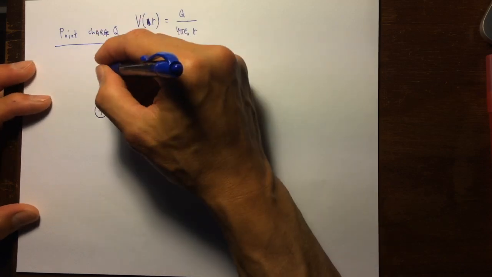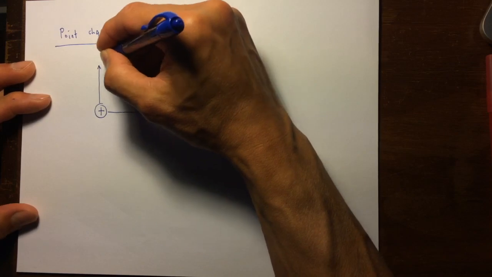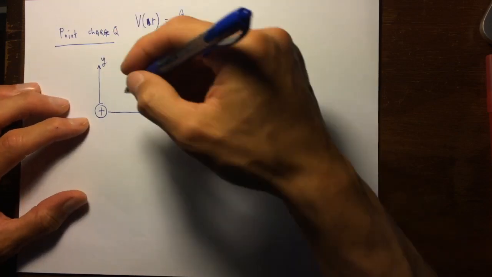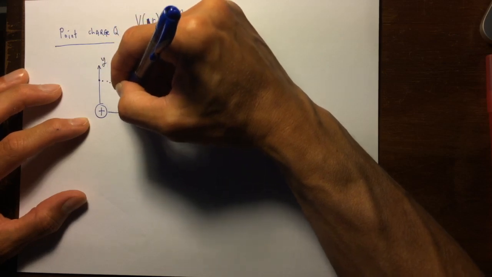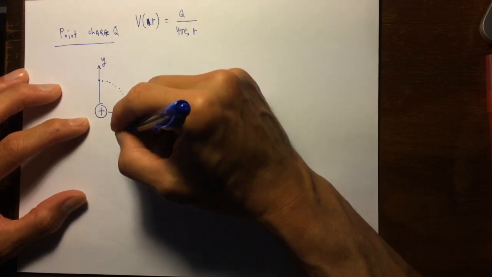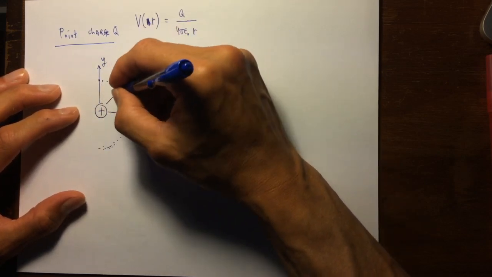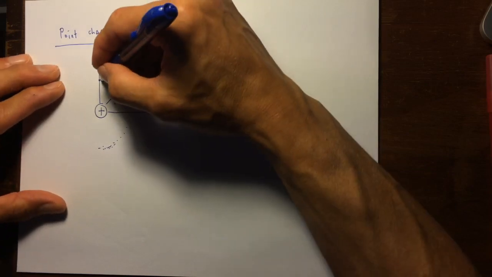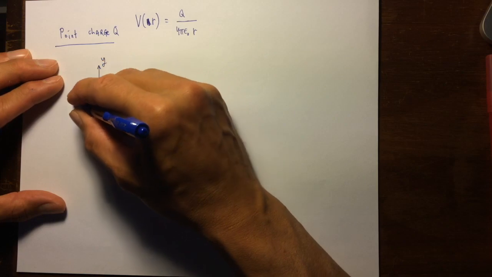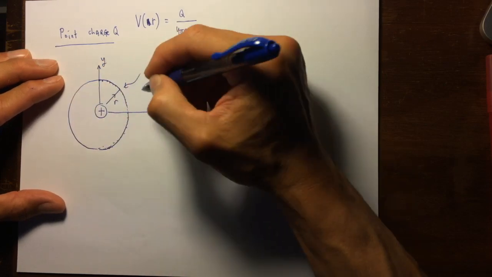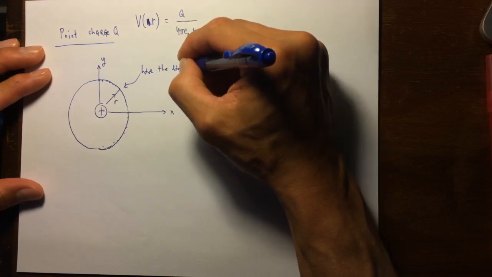So if this is an x, y coordinate system, then if I agree to only ever stay the same distance away, then all of these locations on this circle here have the same potential.